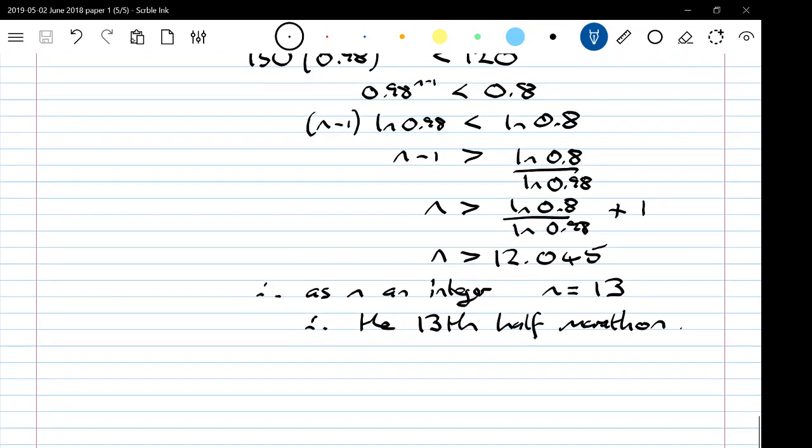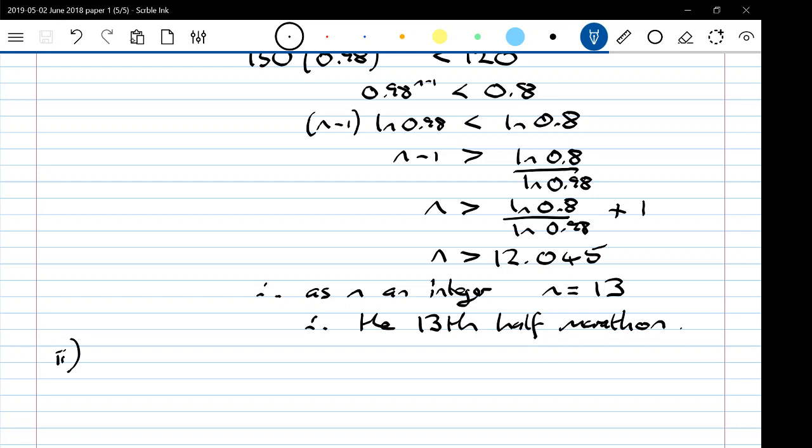Part 2. After 12 months, Chris has spent a total of 2,974 minutes to the nearest minute running half marathons. Use this model to find out how many half marathons he's run. So that's the sum, isn't it?